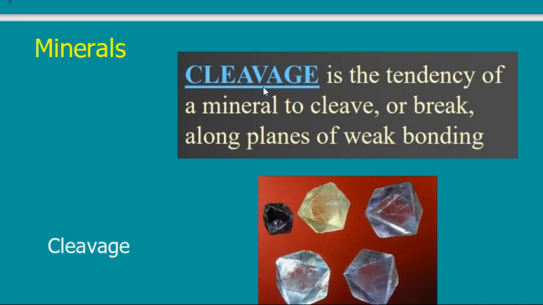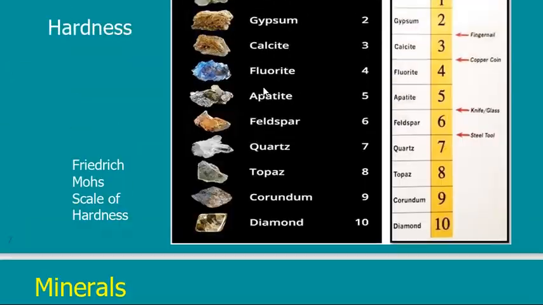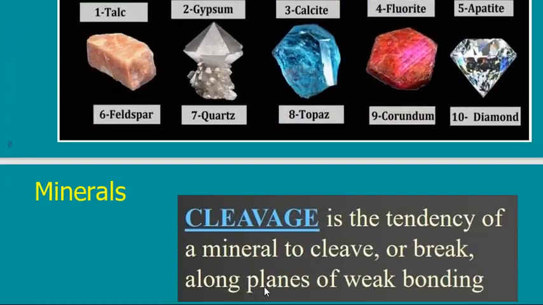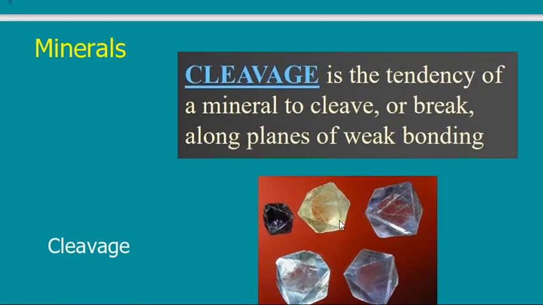Another thing is called cleavage. Let's go back again and see where is cleavage. Here is cleavage. It's number 5 in the physical properties. It is important for us. Cleavage is the tendency of the mineral to cleave or break along a plane of weak bonding.